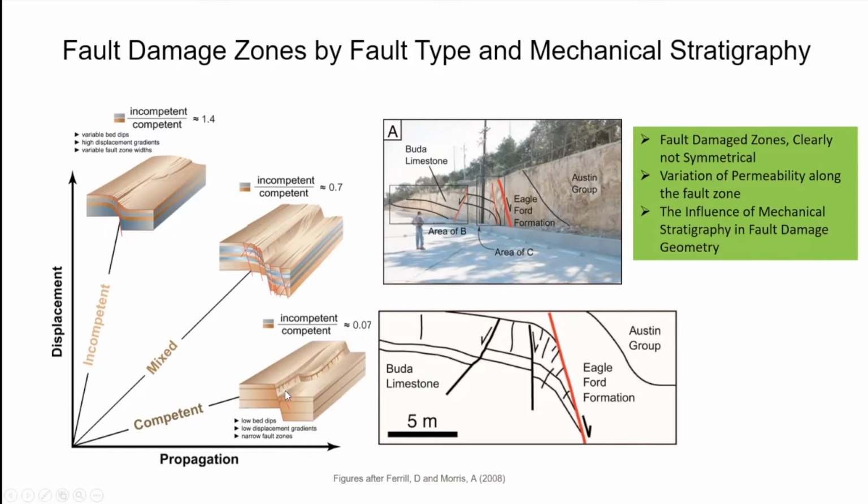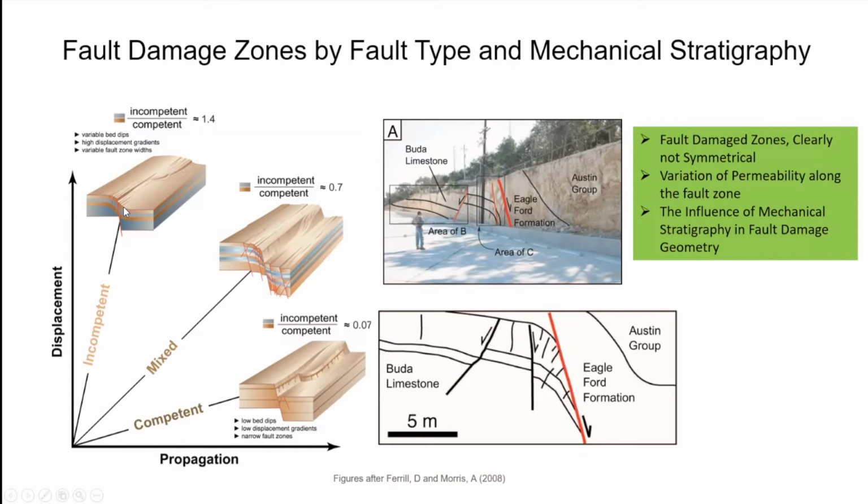They observe a pretty fairly constant fault throw along the fault plane, which is quite different than in the same area and under the same fault normal systems, tensional systems, when the ratio of the incompetent layers, meaning shale, is higher than the competent layers. And this includes the Eagle Ford and the Buda limestone all together.